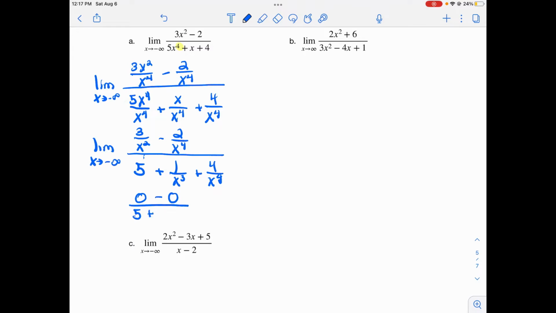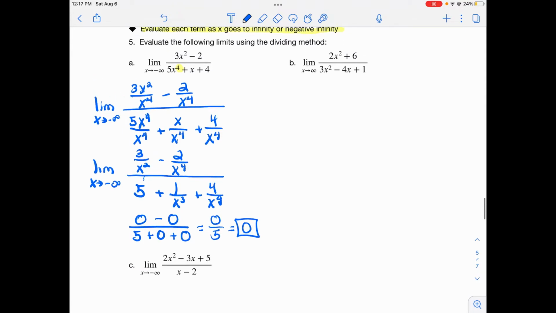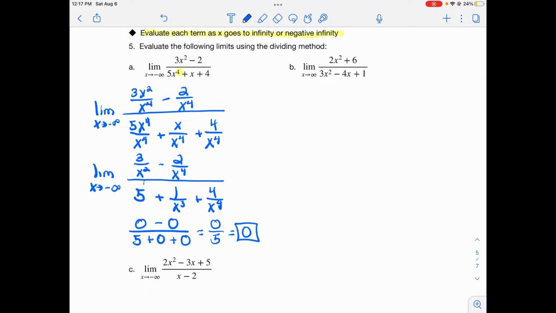We've got 5 plus 1 over negative infinity, that's going towards 0. And then 4 over infinity there, that's going towards 0. So I'm left with 0 over 5, which is 0. So the limit of this problem using the dividing out method is 0.